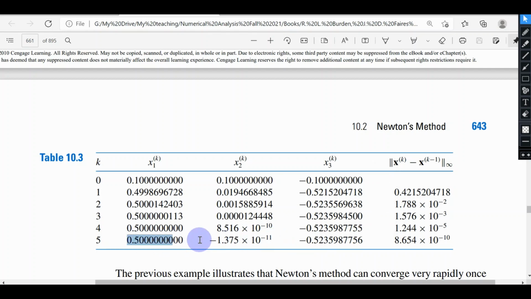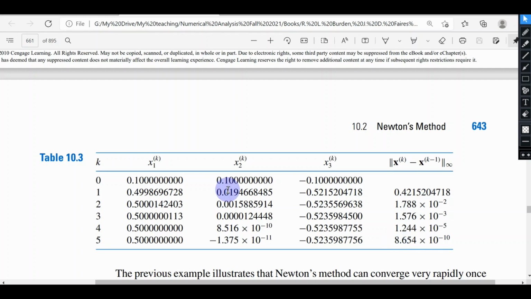So this is the solution set x1, x2, x3. And if I see the vector norm, it is basically 10 raised to the power minus 10. So I have my answer correct up to 10 decimal places.